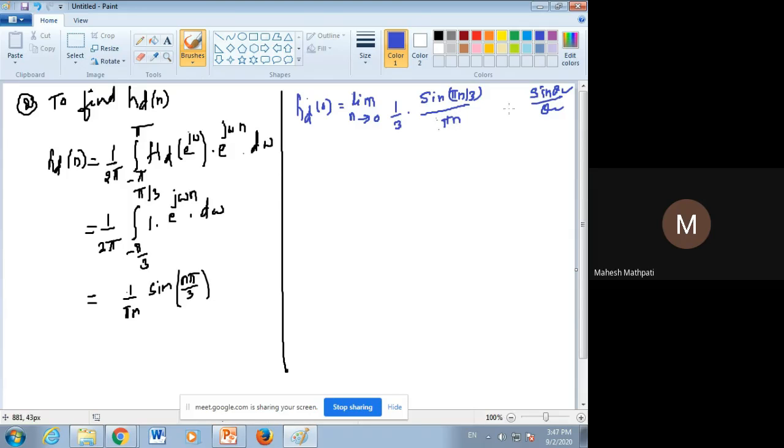So to make both equal, I am multiplying here and dividing here also. Then it is the same as our sin theta by theta. Then the value will be equal to 1 by 3. Understood? Still any confusion here?